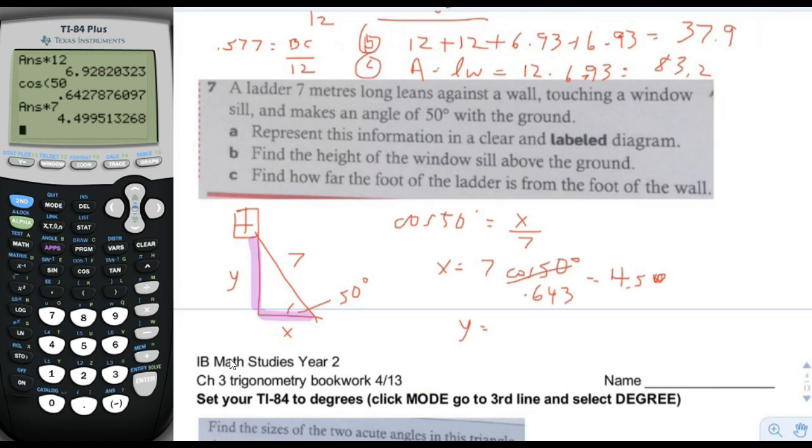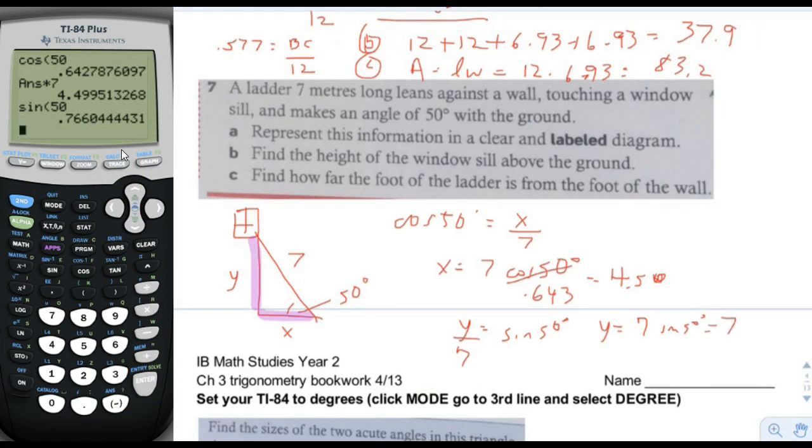y over 7 is equal to the sine of 50 degrees. So y is equal to 7 times the sine of 50 degrees. The sine of 50 degrees is 0.766.